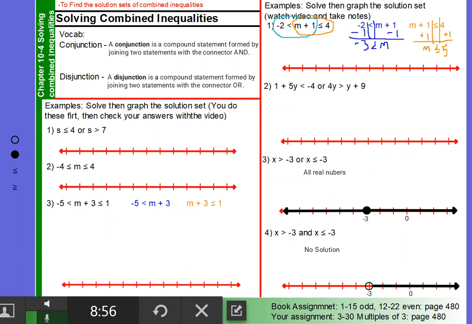All right, so now let's deal with these two statements. -3 is less than m. So this is less than, so m cannot equal -3, which is going to require an open dot, there we go. And so since I have -3 and 5, I'm going to put -3 way over here.